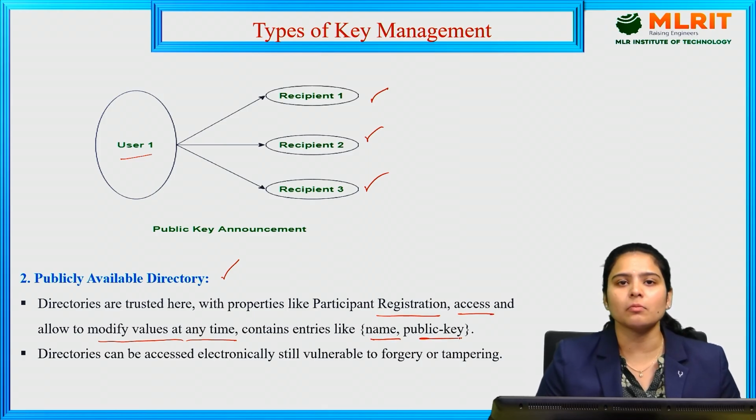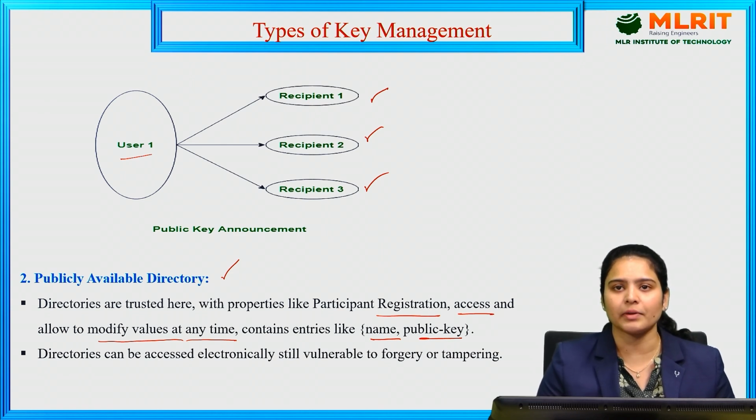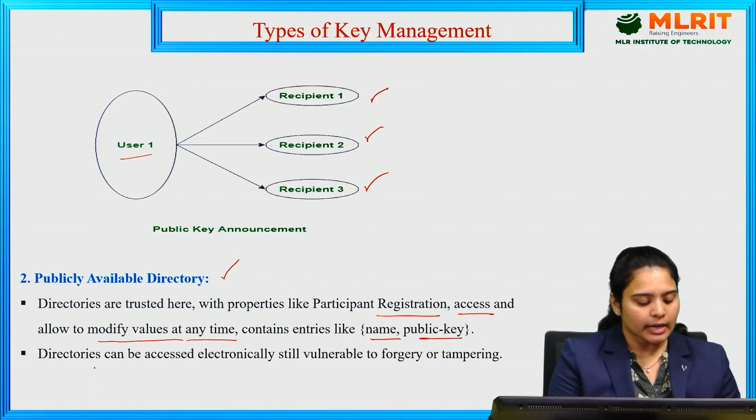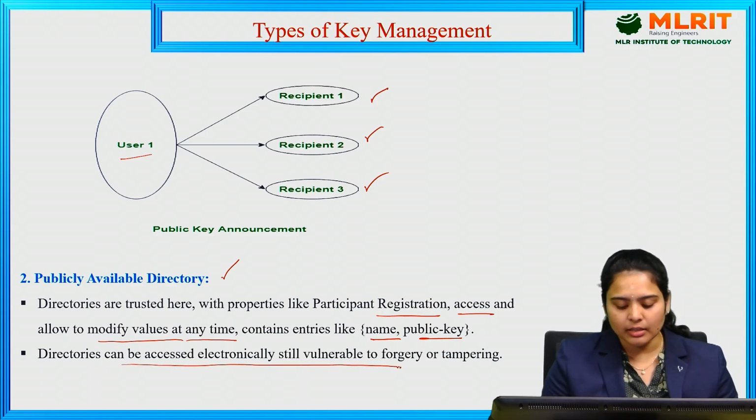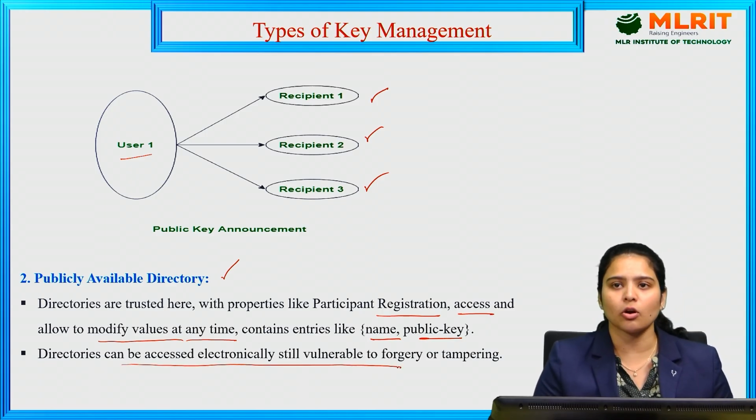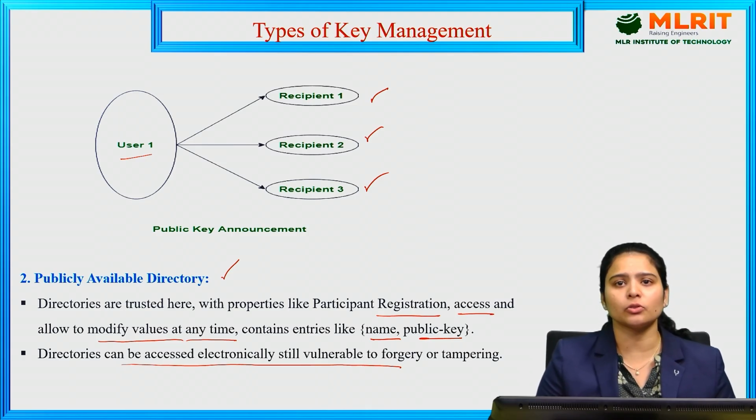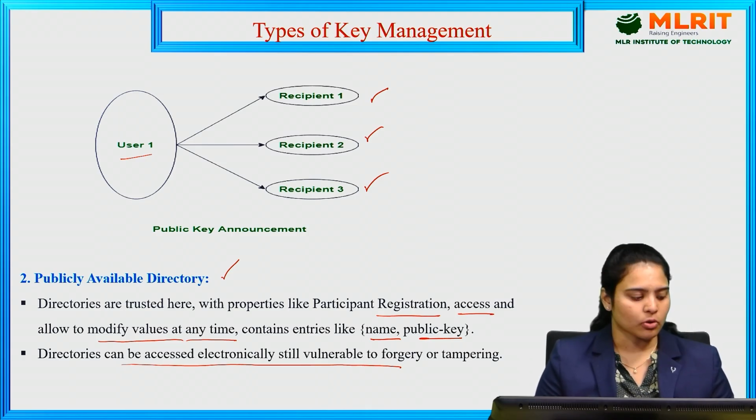There will be entries in the directory, like user registrations, with access to modify values or change contents like a name or public key. It can also be accessed electronically, but it is still vulnerable to forgery or tampering.